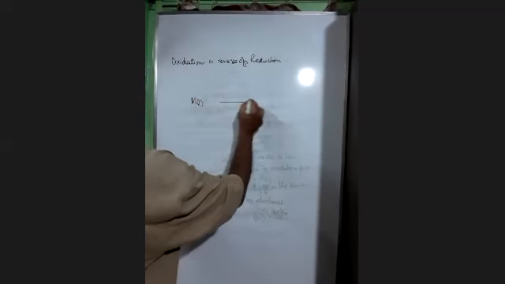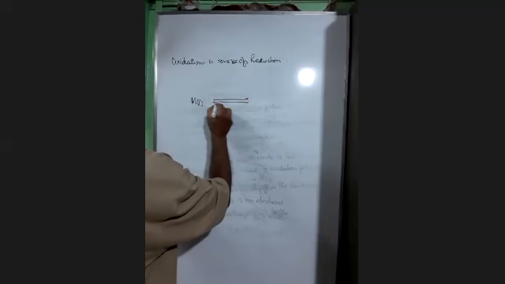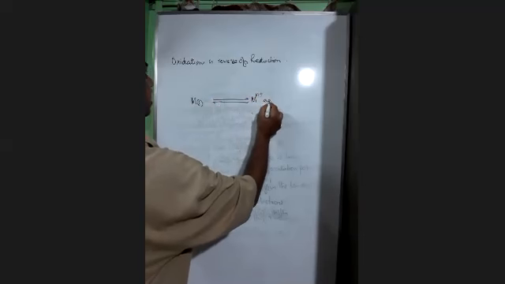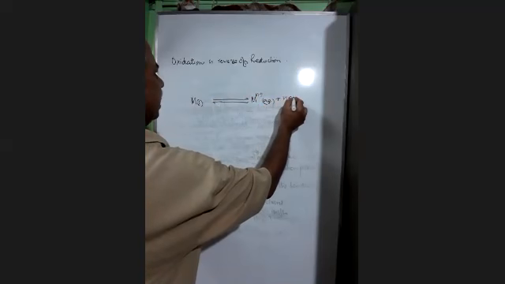So let me write it here like this. Say it is M going to M^n+.